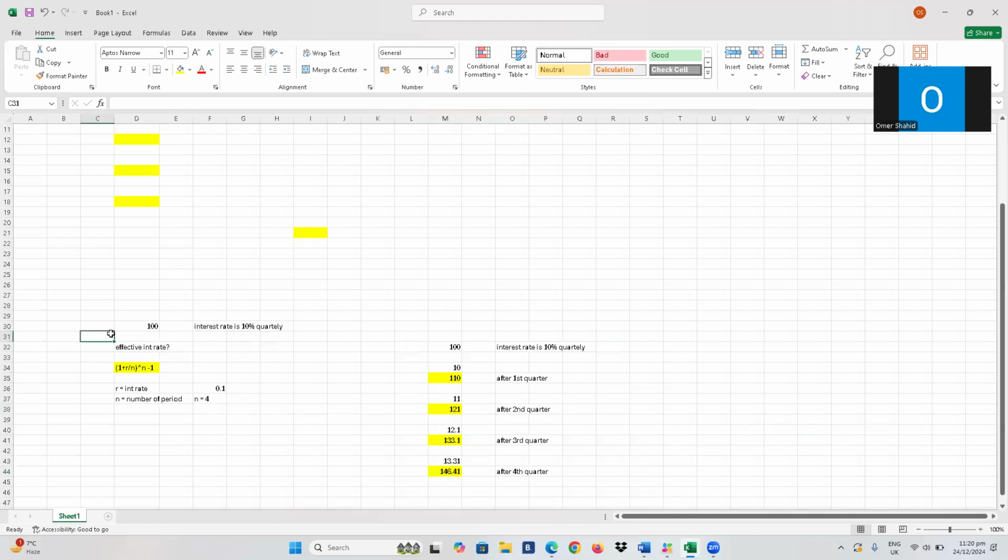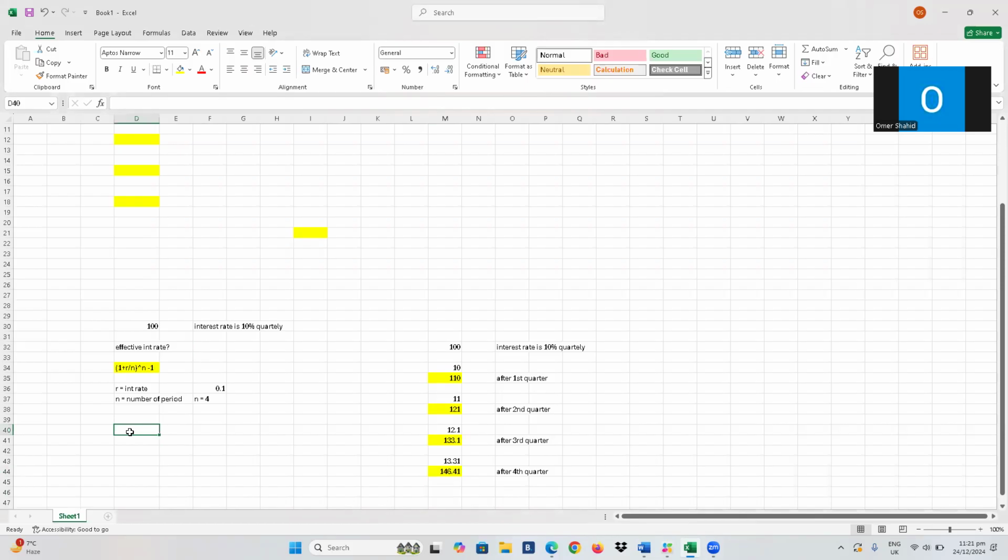Because if we know our effective interest rate, then we can reach this amount after 1 year through it. Okay, so how do we calculate effective interest rate? Let's use the formula.